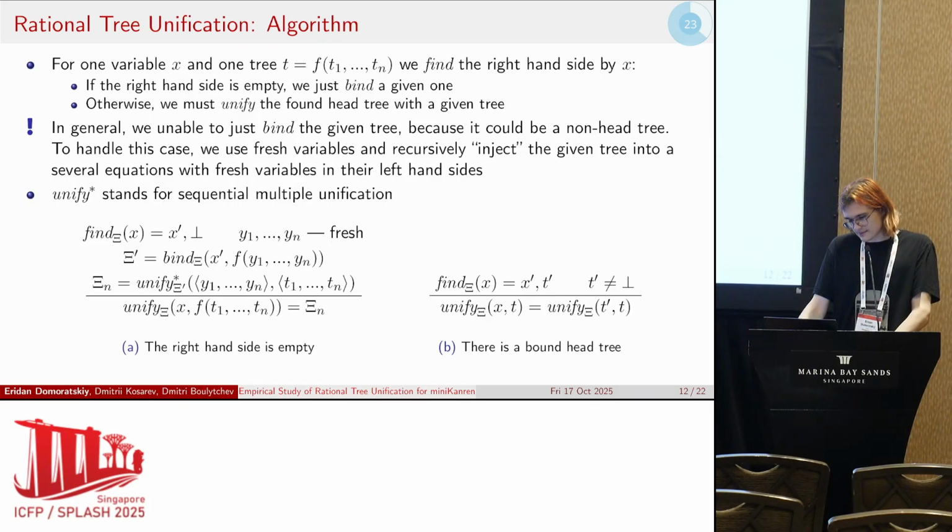The rules for this look like that. When we already have a right-hand side, it's easy. But if we don't have one, we need to introduce fresh variables, bind them, then unify these fresh variables with subterms, subtrees of the given tree.